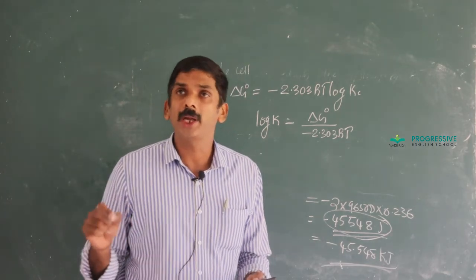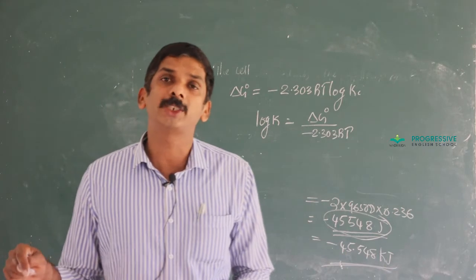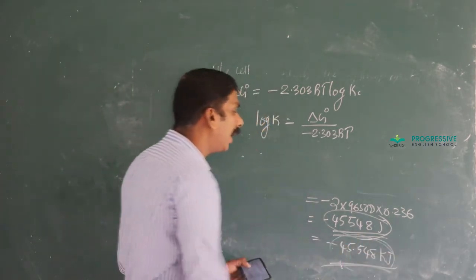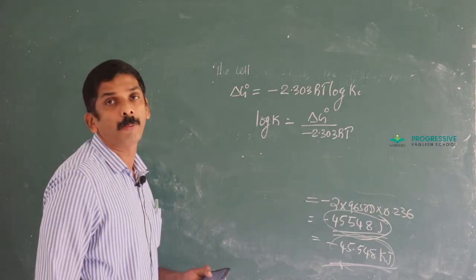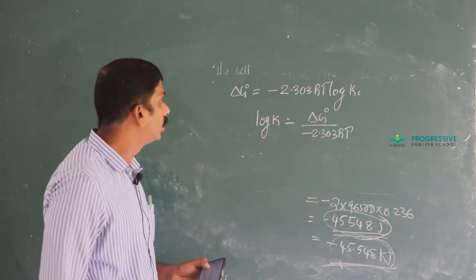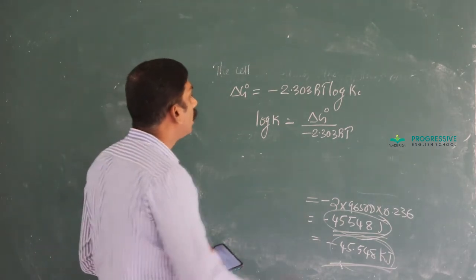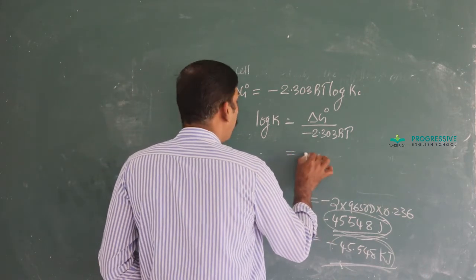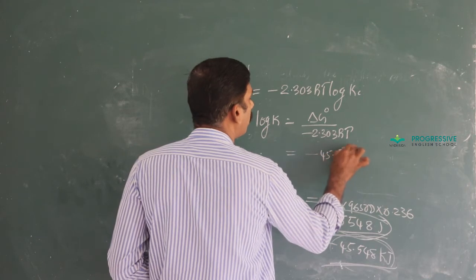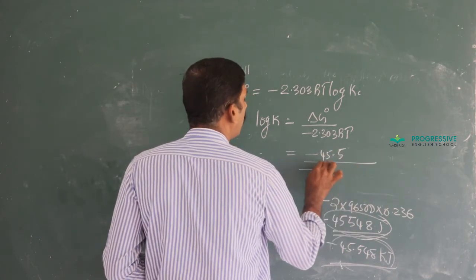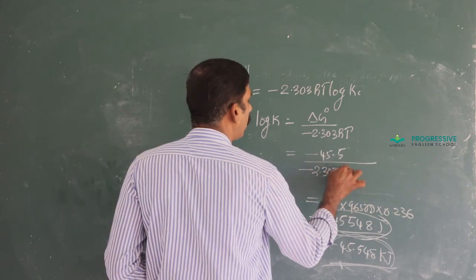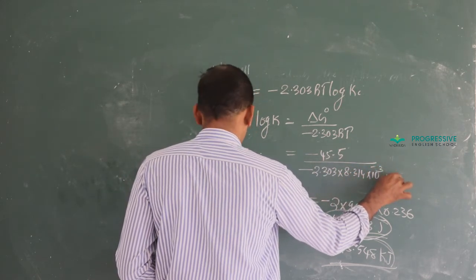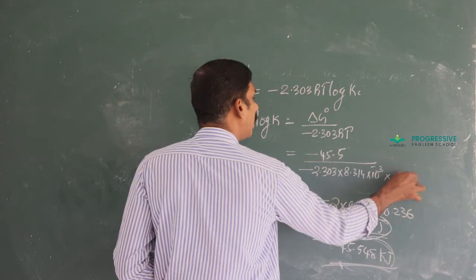And if you multiply 8.314 by 10 raised to minus 3, then you take the value of delta G0 as minus 45.5 kilojoule. Okay, clear? Here, log K equals minus 45.5 divided by minus 2.303 into 8.314 into 10 raised to minus 3 into 298.